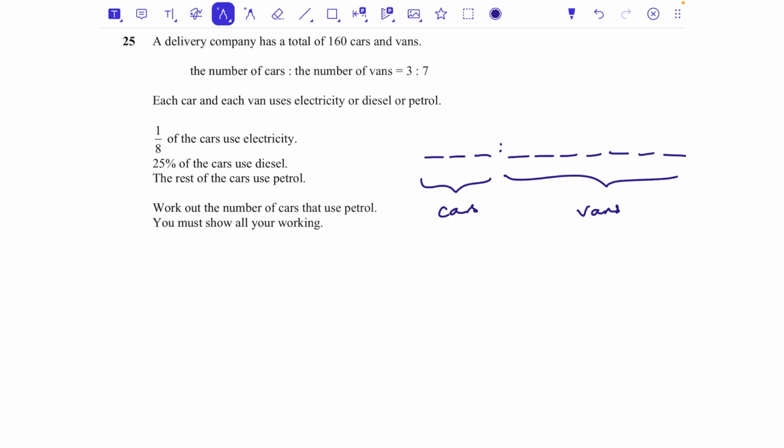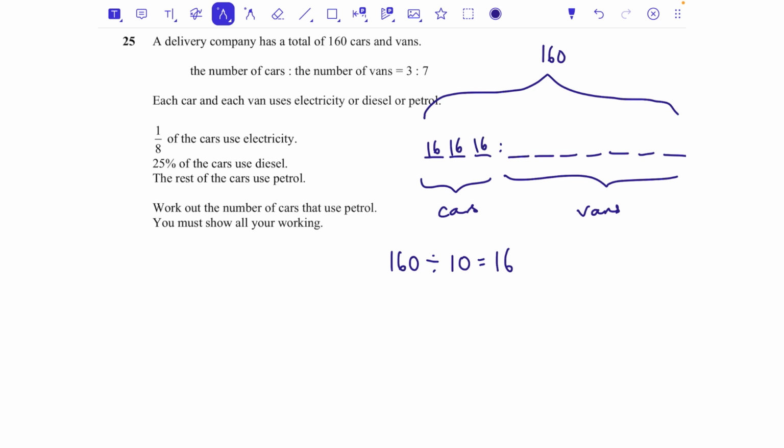So first, let's work out how many cars and how many vans we have. We know that all of this is equal to 160. So I need to share the 160 equally over those lines. And I've got 10 lines, 1, 2, 3, and 7 on the other side. So I've got 10 little lines there. So 160 divided by 10 is 16.